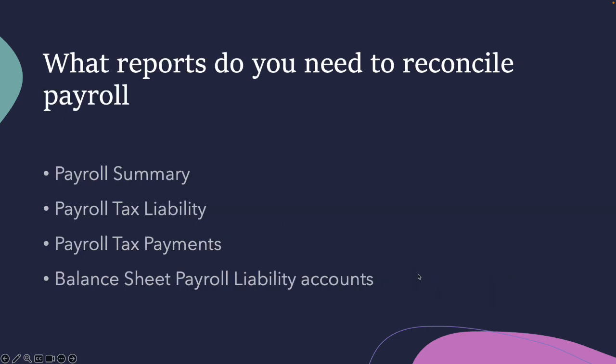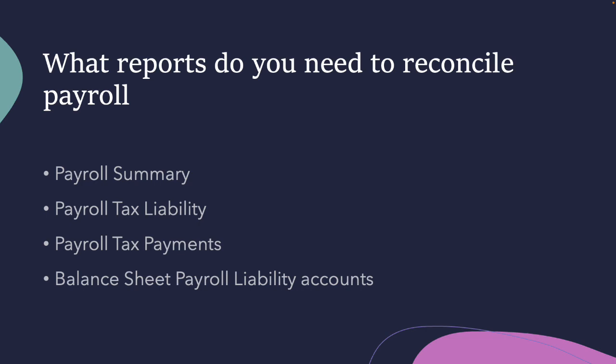Okay, what reports do you need to reconcile payroll in QuickBooks Online? You're going to need four reports. But obviously, if you're running your payroll with a third-party payroll such as ADP, Gusto, or whatever, they have a payroll summary plus tax liability as well.